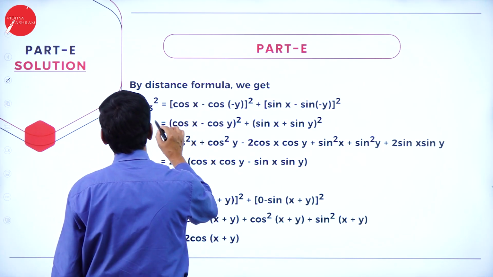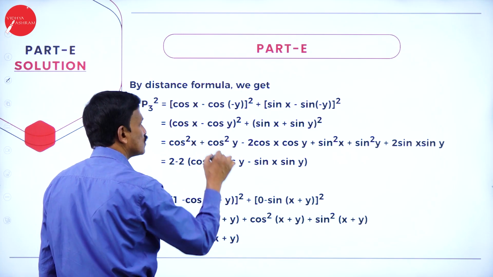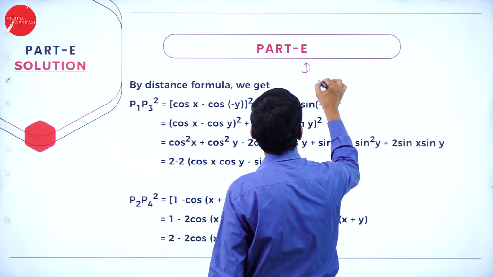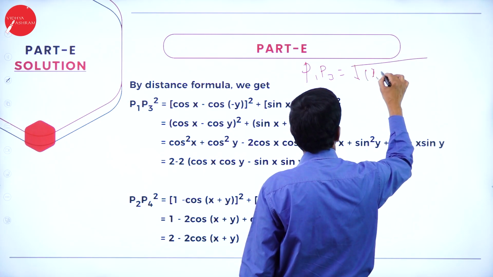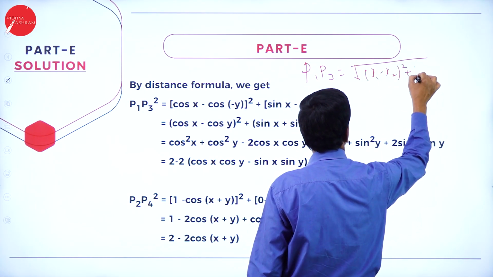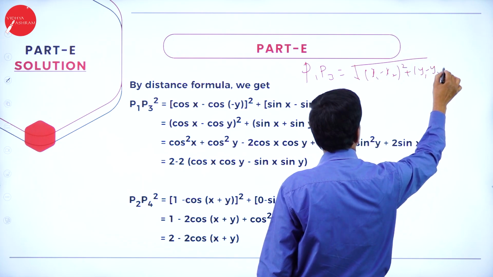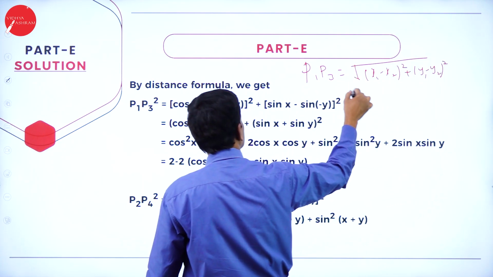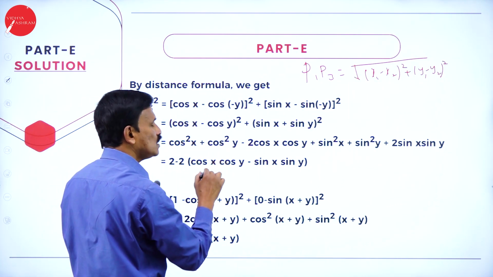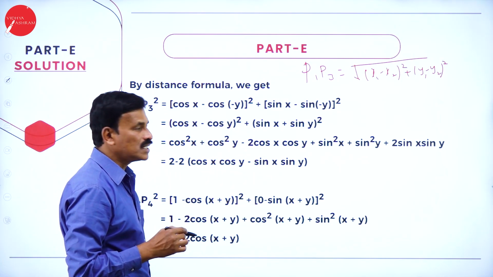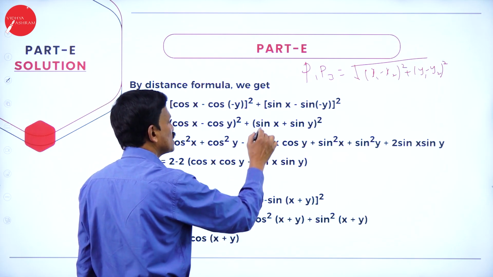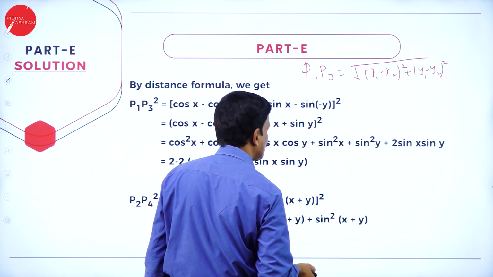By the distance formula, P1P3 is equal to the root of (x1 minus x2) whole square plus (y1 minus y2) whole square. Squaring on both sides, the square root gets cancelled, and P1P3 whole square is equal to (cos x minus cos(-y)) whole square plus (sin x minus sin(-y)) whole square.